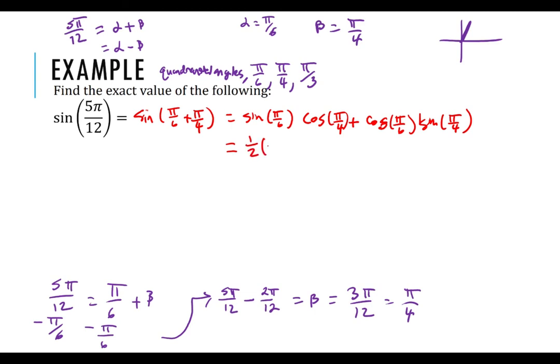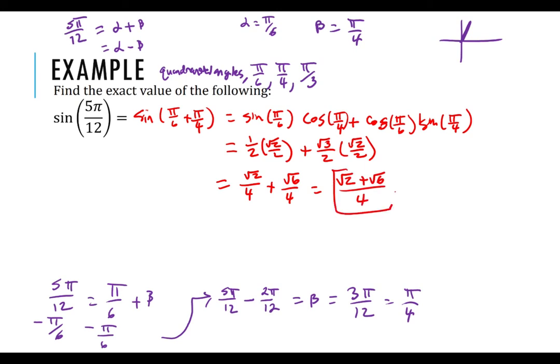Cosine of pi fourths is root 2 over 2, plus cosine of pi sixth, which is root 3 over 2. And then sine of pi fourths is root 2 over 2. And then this is going to give me root 2 over 4 plus root 6 over 4, which is then going to be root 2 plus root 6 over 4. I don't see this simplifying any further, and there we're done.